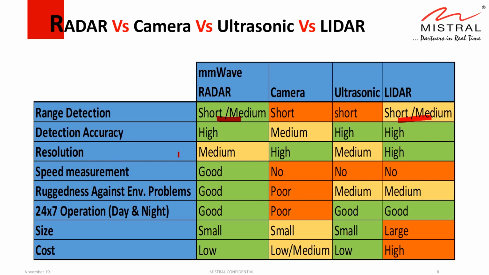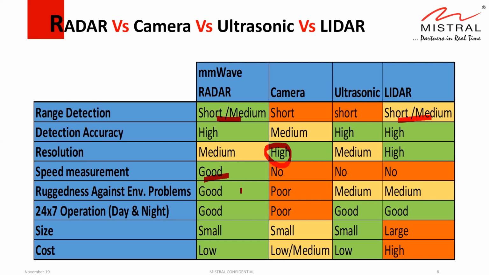From the camera, you get much higher resolution because you're seeing the objects, so you can do object identification. And for speed measurement, using the Doppler shift, the radar gives a much more accurate measurement.